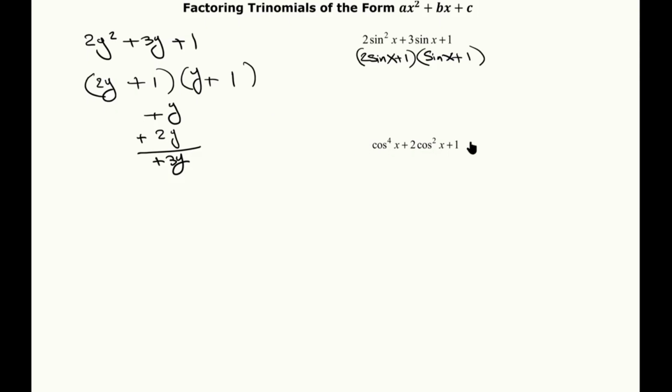This is also quadratic in form. So sometimes people prefer to use substitutions, or you can just do it directly. I prefer the direct approach, but I'll show you both. So notice that here we want two expressions in the first spots whose product is cosine to the fourth x. So of course we can use cosine squared x and cosine squared x.